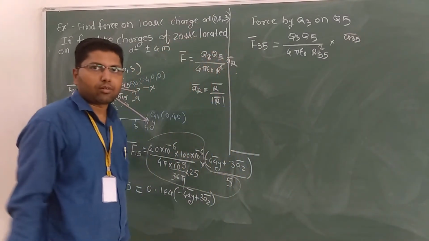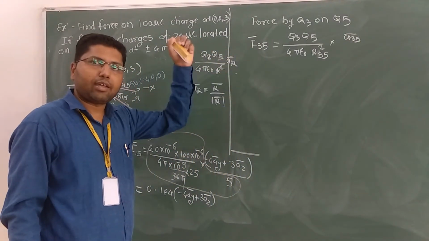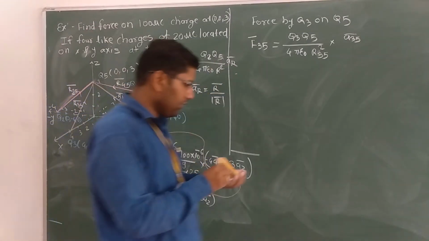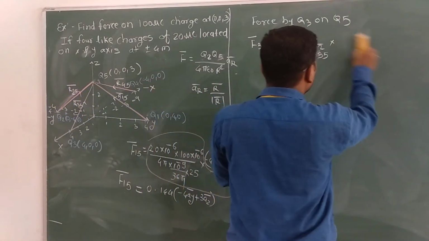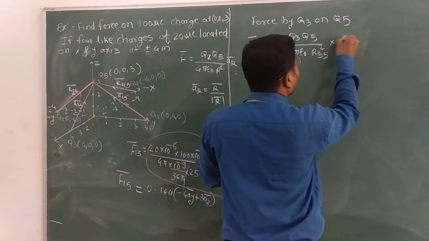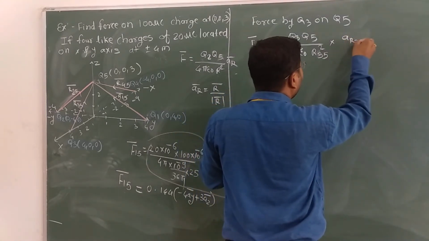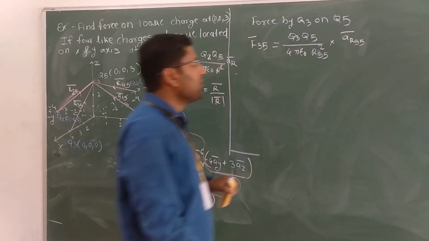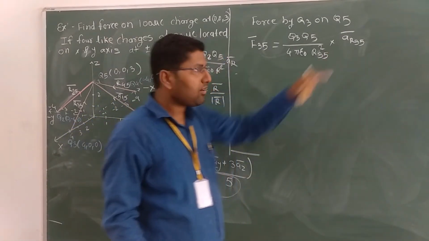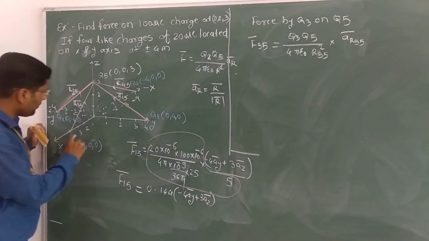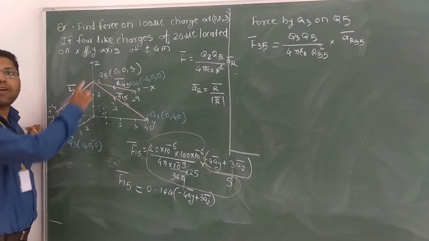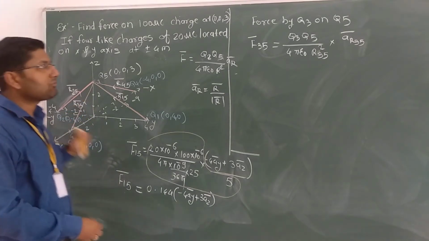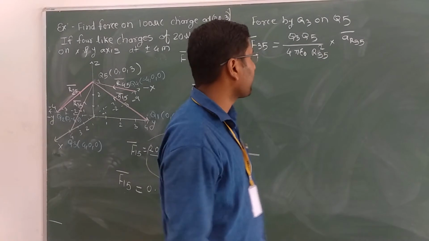That is the unit vector. I will write AR35 every time, so you will understand. What is the meaning of this AR35 bar? For this R35, we will require a unit vector. So that's why it should be AR35 bar.